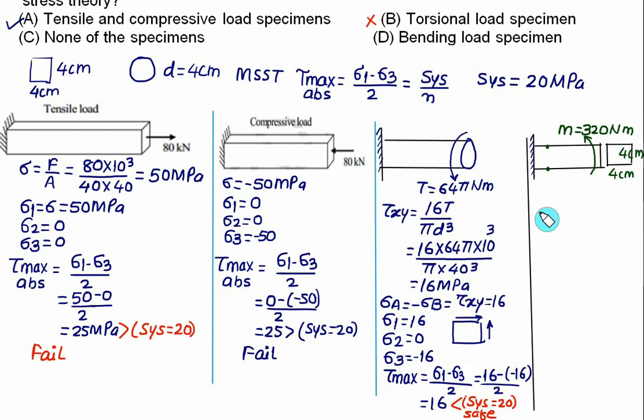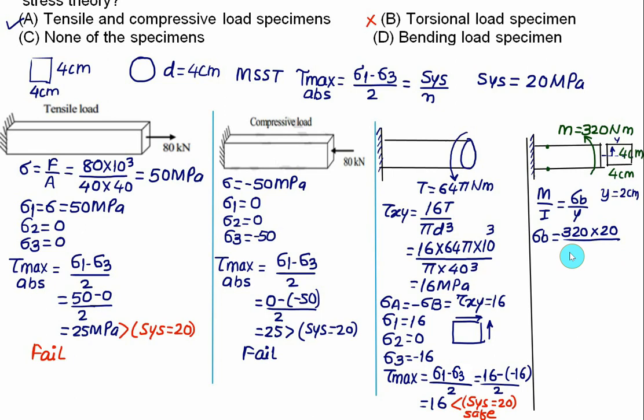So we'll use the flexure formula here, that is M divided by I equal to maximum value of the bending stress divided by Y. So bending stress will be equal to maximum bending moment M, that is 320. This time we have the neutral axis as this axis. So this distance is Y, and we have Y equal to 2 cm, that is 20 mm.